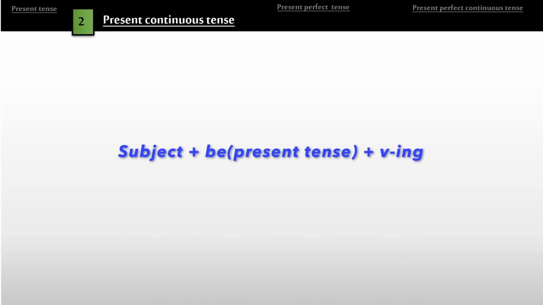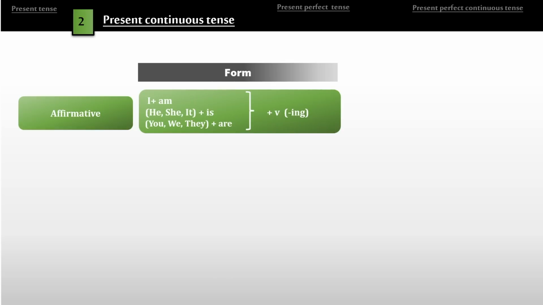Present continuous tense. This tense is used to describe an action that is ongoing now. The present continuous is made from the present tense of the verb be and the ing form of a verb. Affirmative sentence. I plus am plus verb ing, he, she, or it plus is plus verb ing, and you, we, or they plus are plus verb ing.